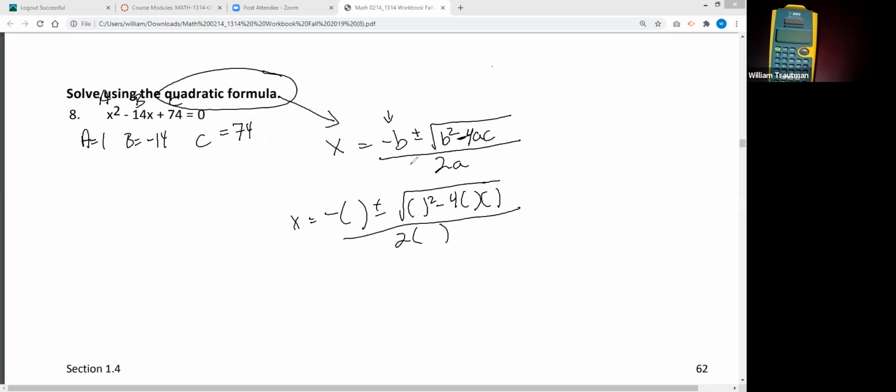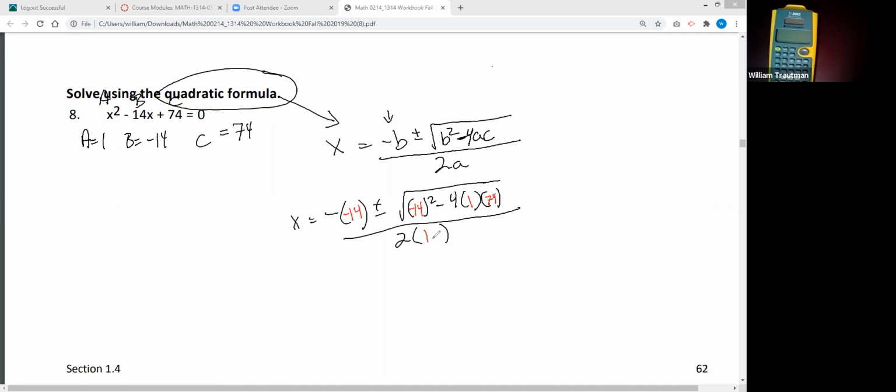So I'm going to plug the correct numbers in. B is -14, so I put a -14 here and a -14 here. A is 1. I put a 1 here and a 1 here. And C is 74.